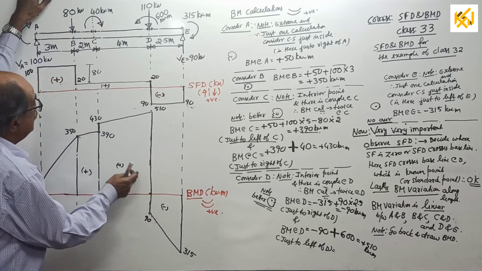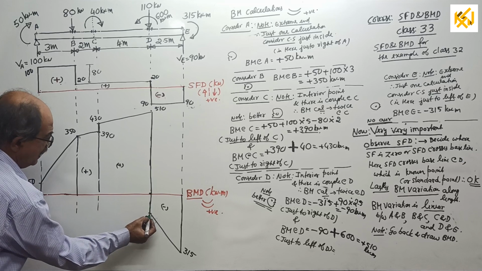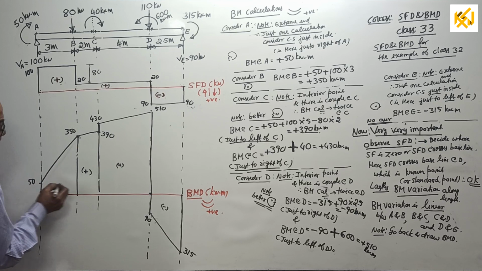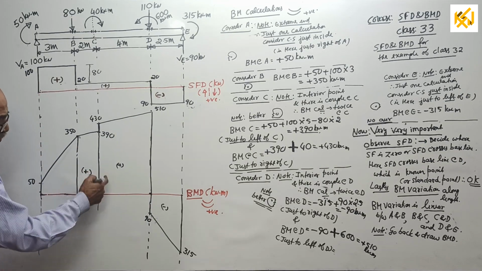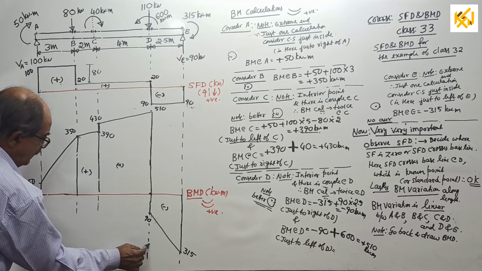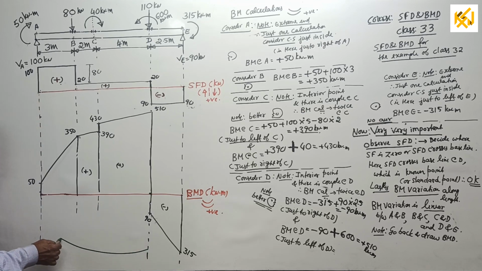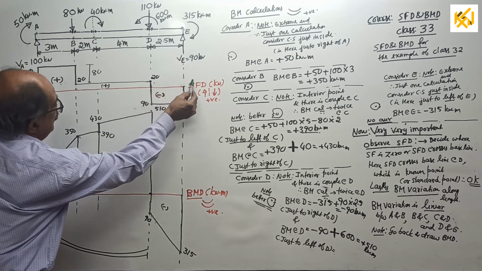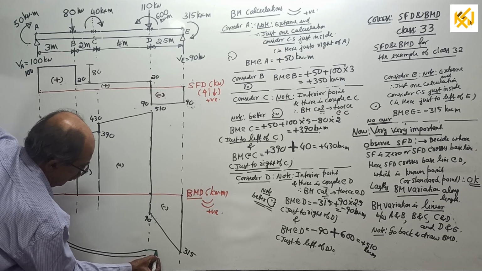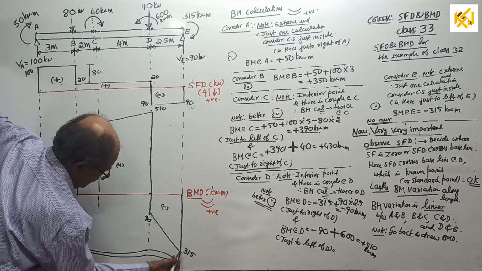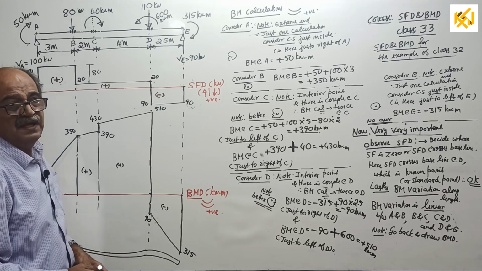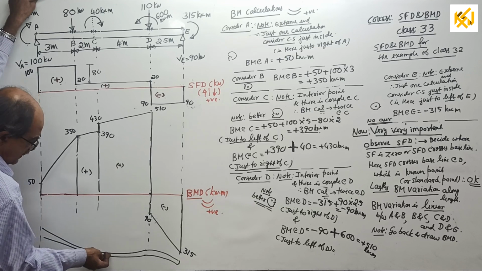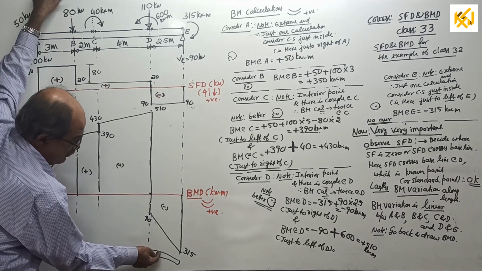See here. If you want, one more thing I will tell you briefly. See, information for you. From here up to here, you got positive, means roughly I am writing the beam will sag, not to scale, beam will sag. And from here to here, it is a smooth curve, the beam will hog. Therefore, roughly I have drawn. If it is an RCC beam, if you know the principle, here tension will come down, tension will come up.